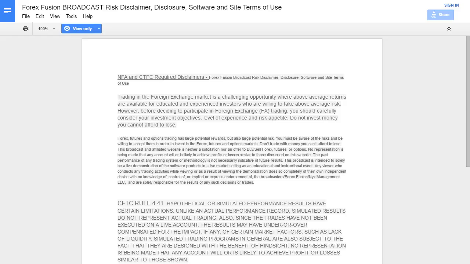Do not trade with funds you cannot afford to lose, and be sure to consult your own financial professional. Anybody who disagrees with these terms, please discontinue viewing at this time.